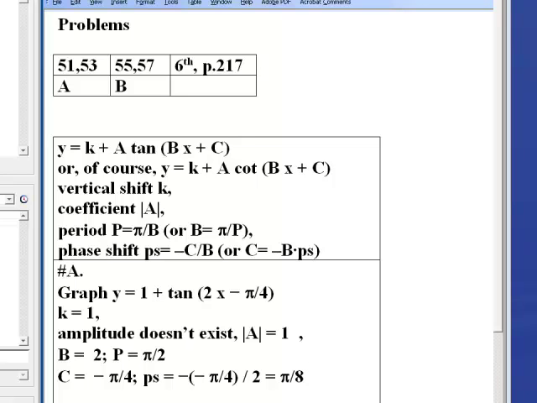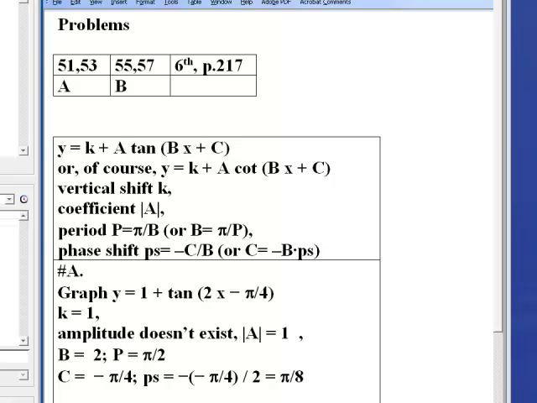The coefficient b is pi. Since for the period it says pi divided by b, pi divided by pi comes out to 1. So a period of 1. And we have a coefficient c of plus pi over 2.